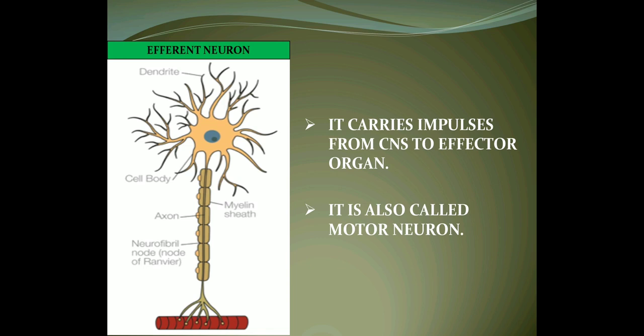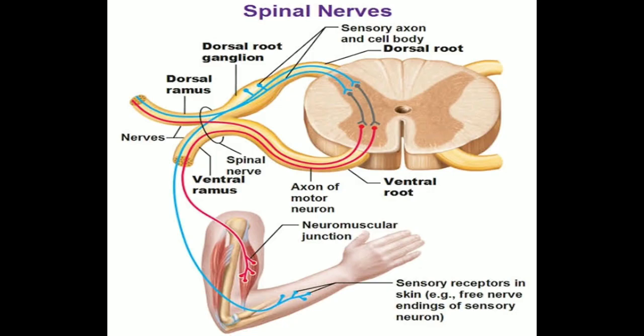Second one is efferent neuron. These efferent neurons carry impulses from the central nervous system to the effector organ, as they help in giving response with the help of the effector organ. So they are also called motor neurons, and they are found in the ventral root of spinal cord.